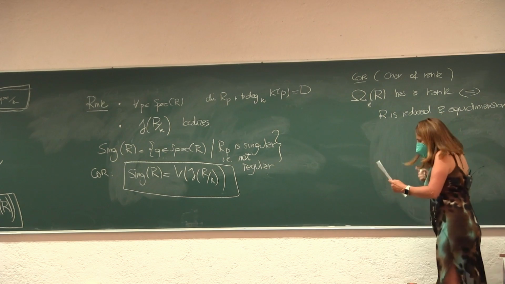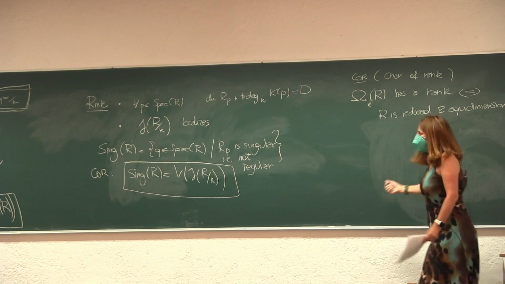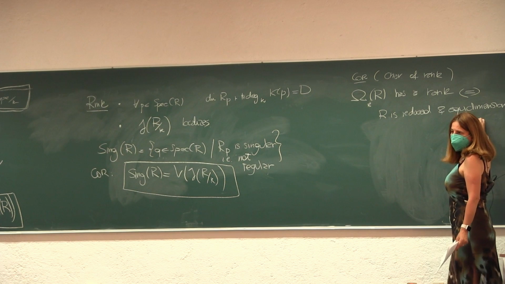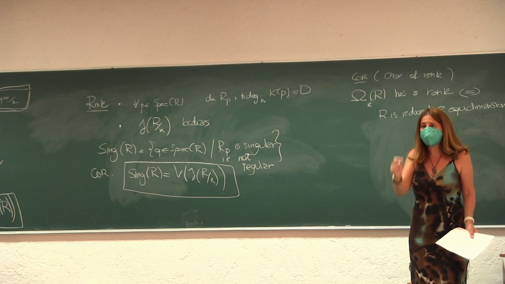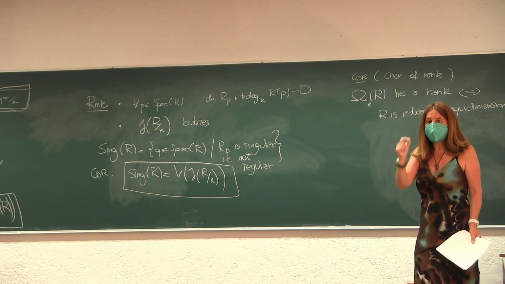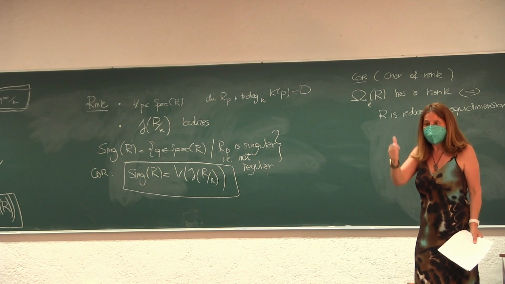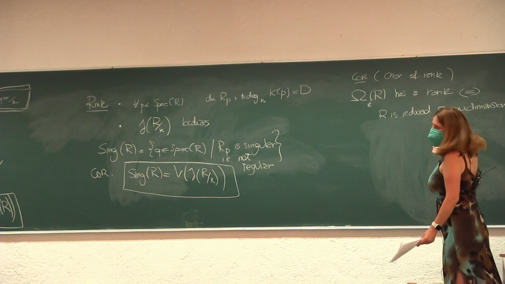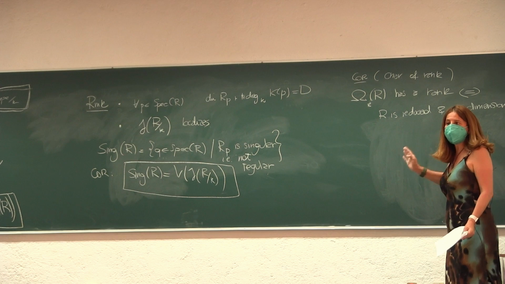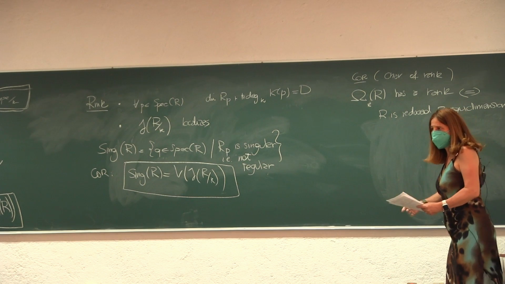So you can characterize the fact that R is reduced and equidimensional in terms of the modular differential. Look how many things the modular differential tells you about your ring. Whether it's ramified, whether it's singular, whether it's reduced and equidimensional, you can read them all off omega.